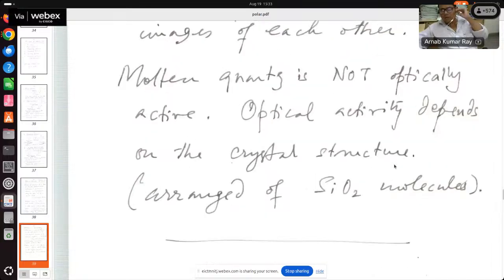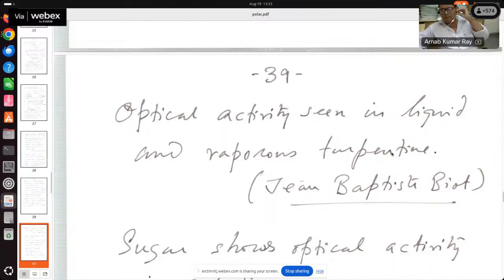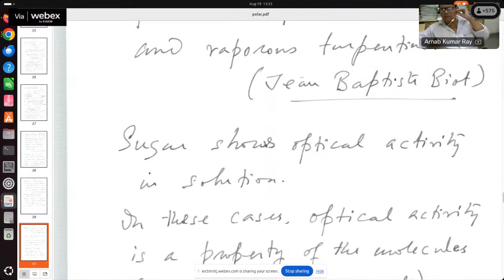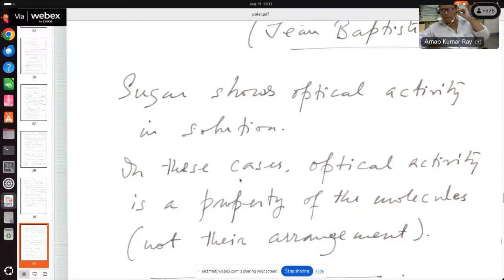There are other cases also. Here it is: optical activity seen in liquid and vaporous turpentine. Sugar shows optical activity in a solution. And in cases where optical activity is shown by a liquid material, clearly there is no arrangement of crystalline structure.